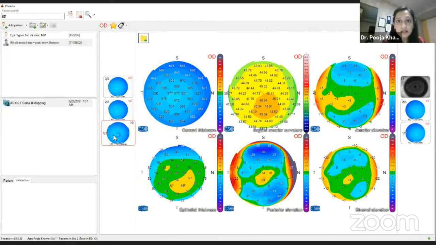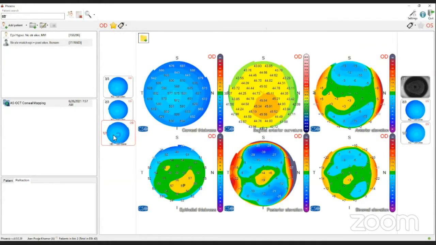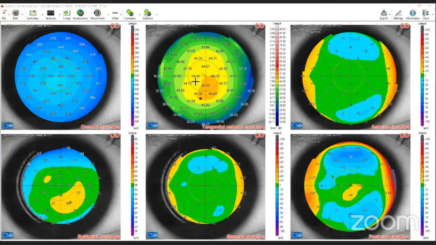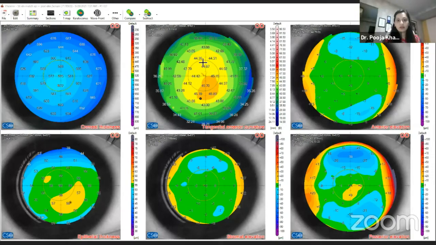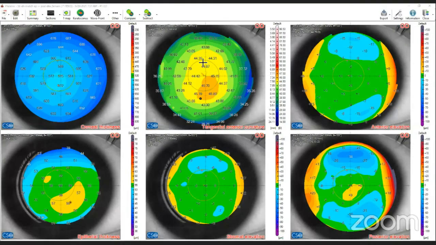Can I point it? Doctor, you can just stop your screen sharing, then click on the share screen button again, and at the very left hand topmost corner you will see screen. Just click on that. Yes, screen. Now can you see my cursor? Yeah, that's perfect. Thank you.